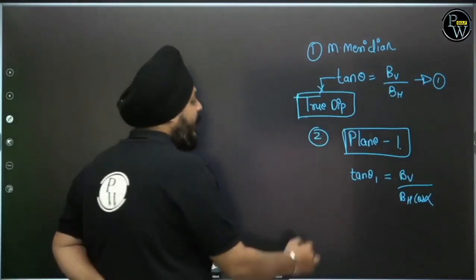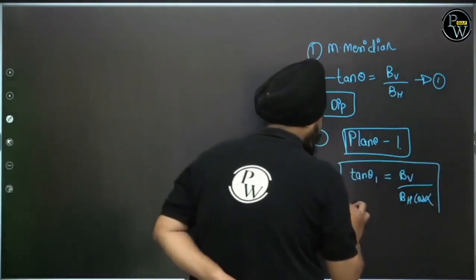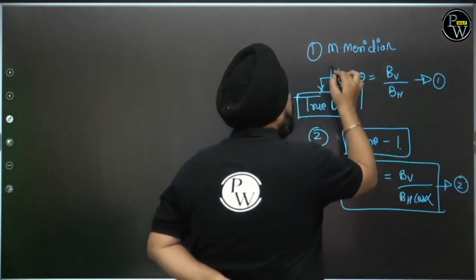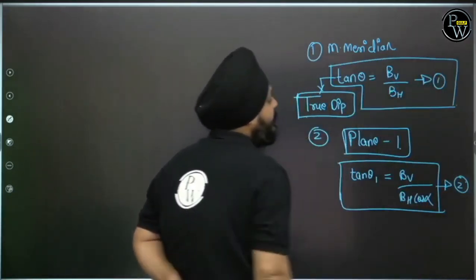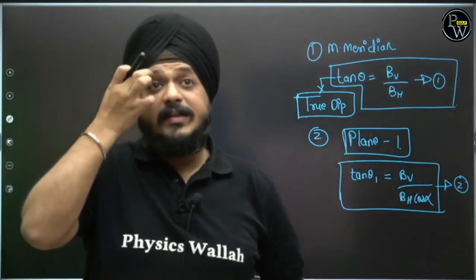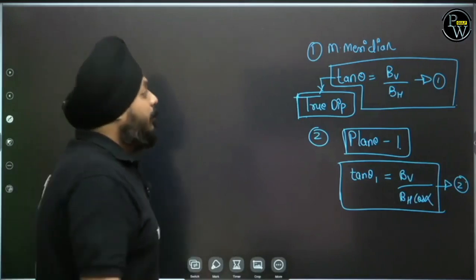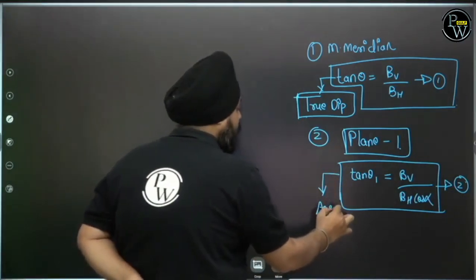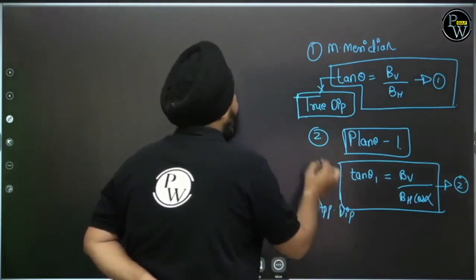Can I consider the above as equation number 1, below as equation number 2? Yes or no, guys? Now this is the apparent dip for plane number 1.